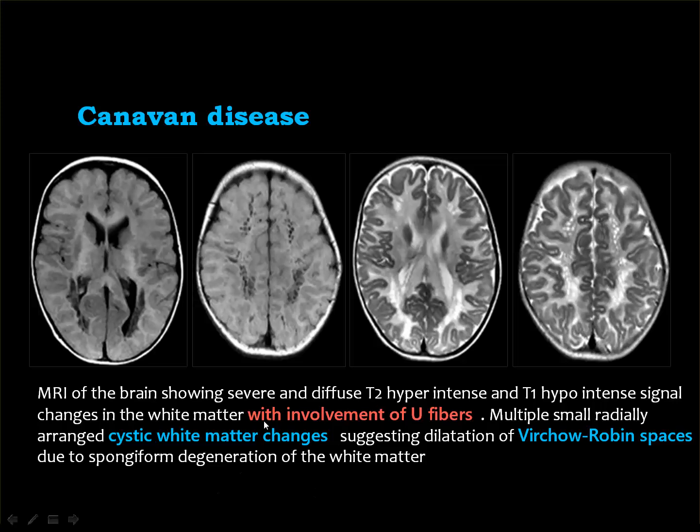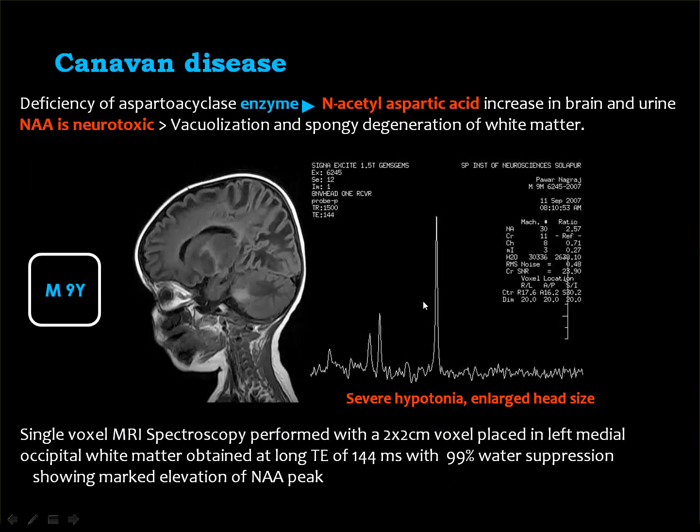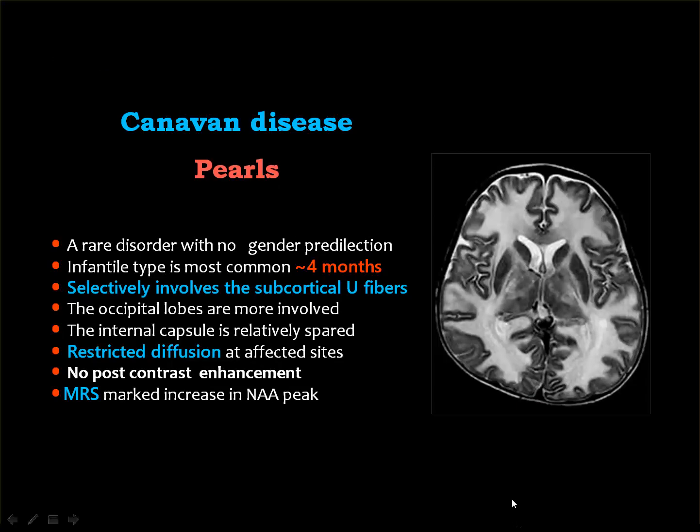And this is one of the easiest ways to reach the diagnosis of Canavan disease. Whenever you see extensive white matter involvement, and you see the characteristic vacuolation of the white matter, and you go for MR spectroscopy and you see the peak of NAA is very high, then you reach the diagnosis of Canavan disease. Canavan disease is a rare lesion.